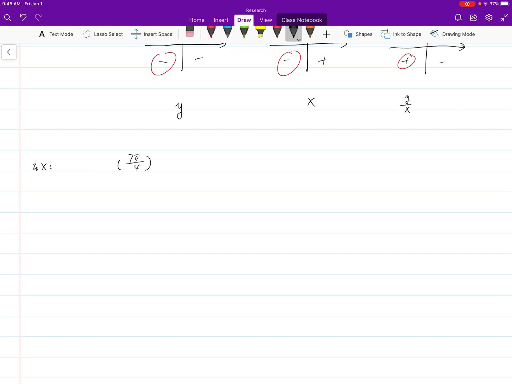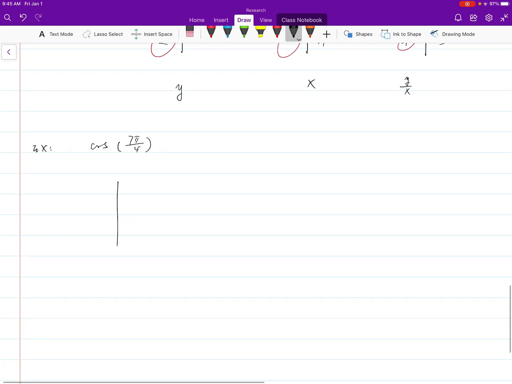What is cosine of 7 pi over 4? You start from here, you go all the way to here, that's pi. That's 3 pi over 2.